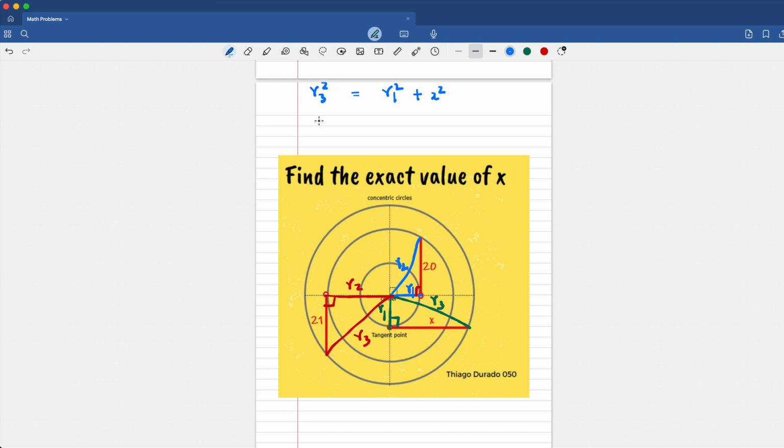The second triangle, R2 squared, is equal to R1 squared plus 20 squared, which is 400. And for the third triangle, it's again R3 squared, which is going to be equal to R2 squared plus 441, because 21 squared is 441.